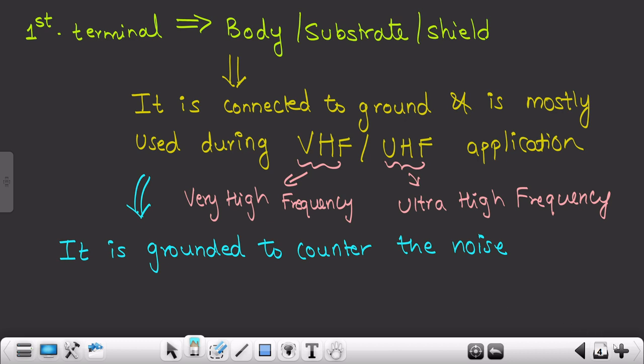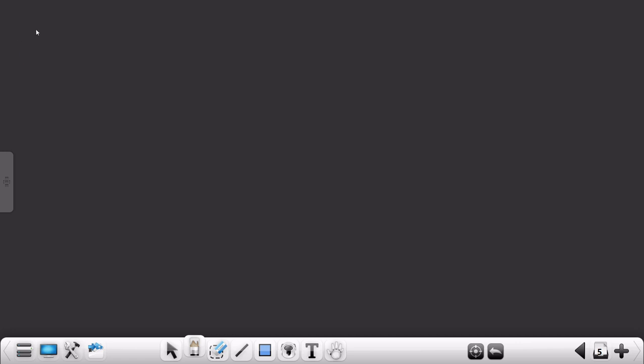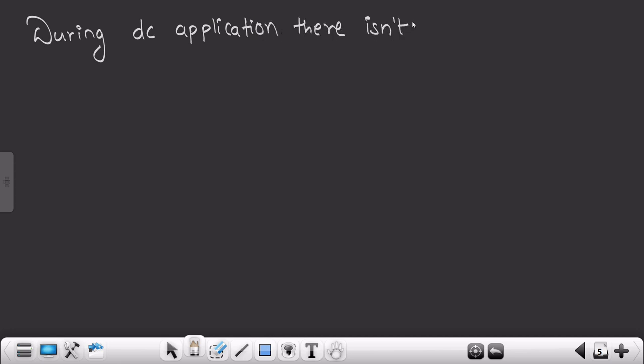So let me write over here. During DC analysis or during DC application, there isn't any significance of the body terminal.